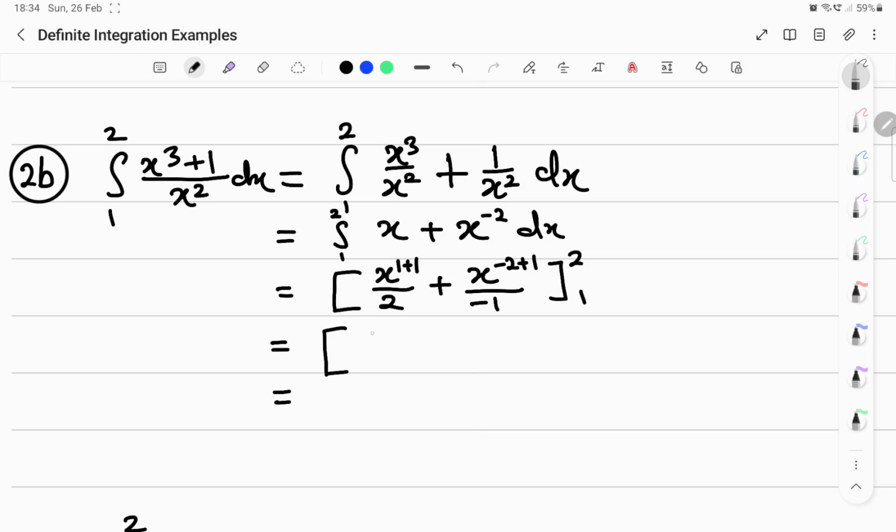So x power 1 plus 1 is x squared over 2, this one minus x power minus 1. Then we substitute. So the first one is an empty bracket squared over 2, minus an empty bracket to the power of minus 1. Or maybe 1 over an empty bracket.